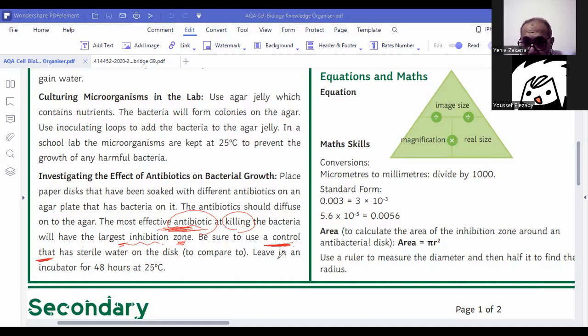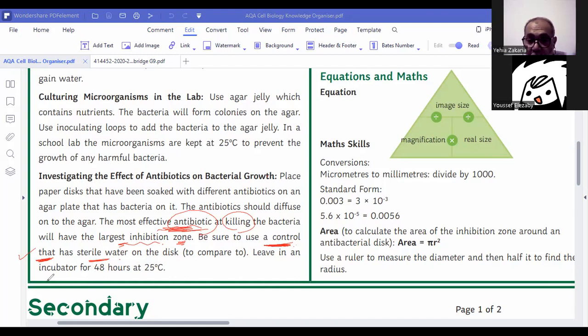In this experiment, we can use sterile water. Sterile water will not affect the bacterial growth, so we consider it a control. You can make a comparison between the normal growth rate and the effect of the different antibiotics we add to the dish.